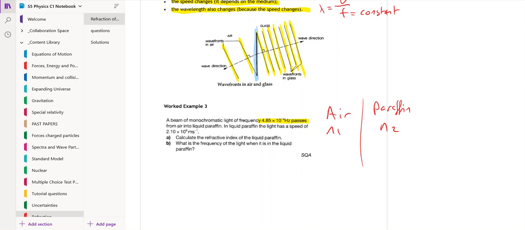Calculate the refractive index of the liquid paraffin. We are told that the speed of this light in the paraffin is 2 times 10 to the 8 meters per second. We already know that the speed of light in air is 3 times 10 to the 8, so we can write down some of the information that we know to help us complete the equation.